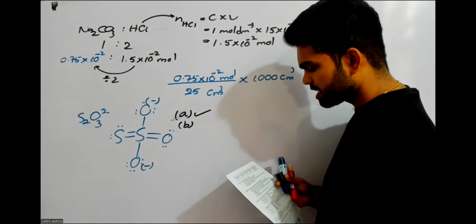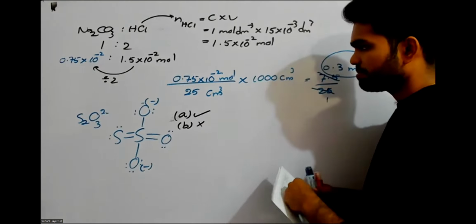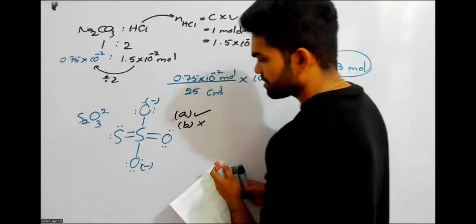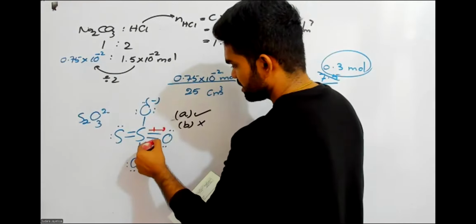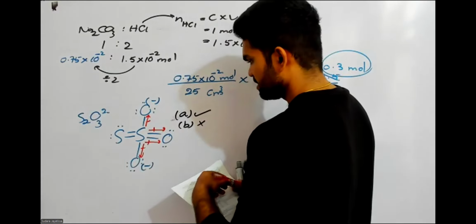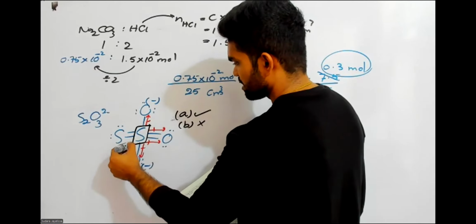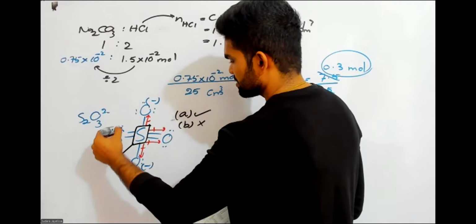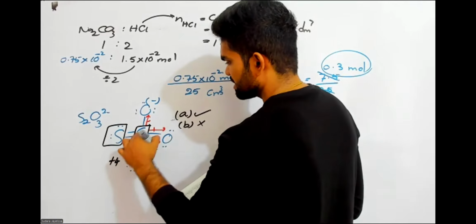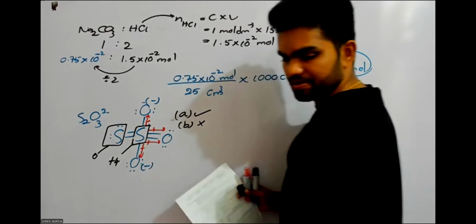Second one, B. Oxidation number of both sulfur atoms are equal. So that's not correct. If you check the oxidation number, you are marking dipole moments. So here 4 electrons are partially lost. Okay. So the oxidation number of this sulfur is +4. Oxidation number of this sulfur, there's no losing or gaining. So oxidation number is 0.